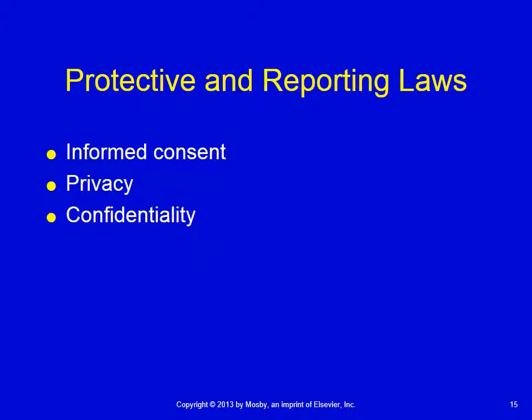For example, there's a mandatory reporting law for gunshot wounds, or sexually transmitted diseases. Many states now also have mandatory reporting of healthcare providers who are incompetent. It involves both legal and ethical concerns.